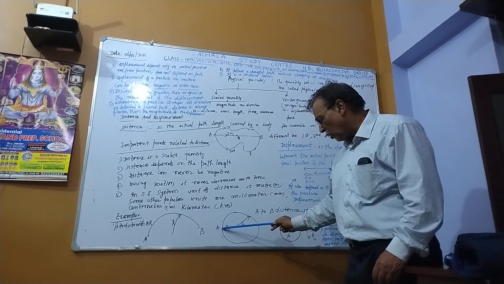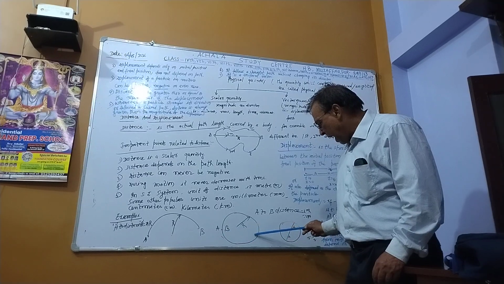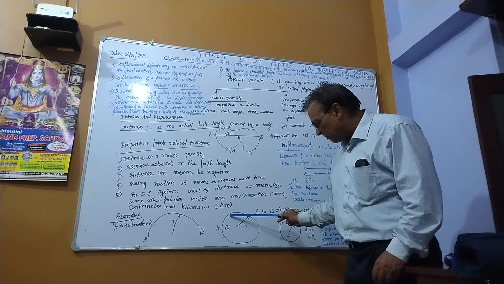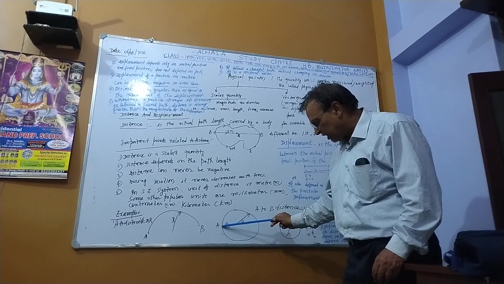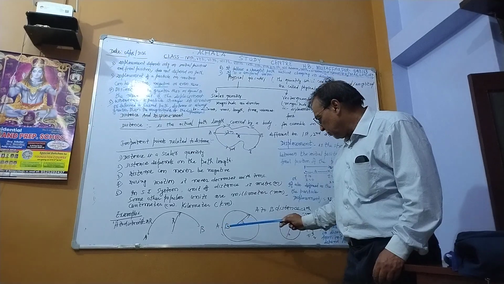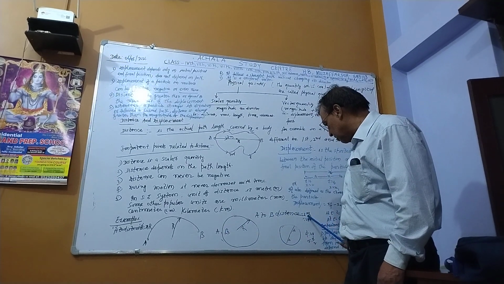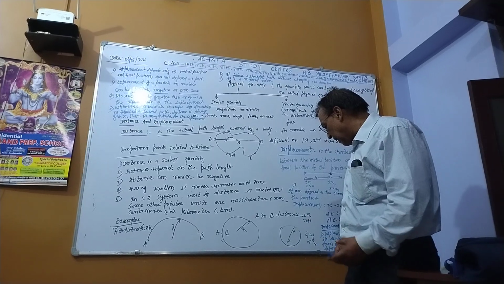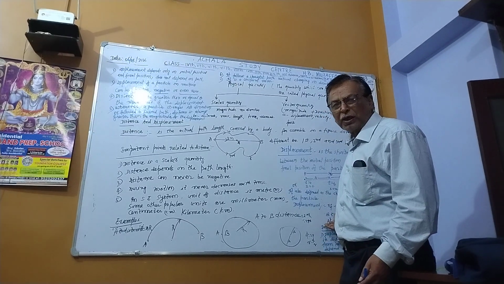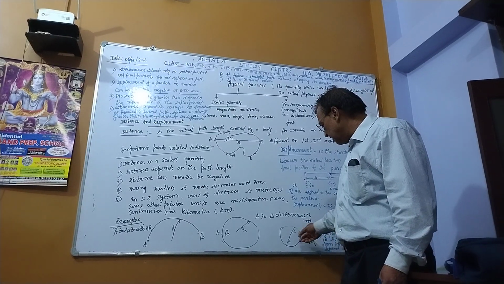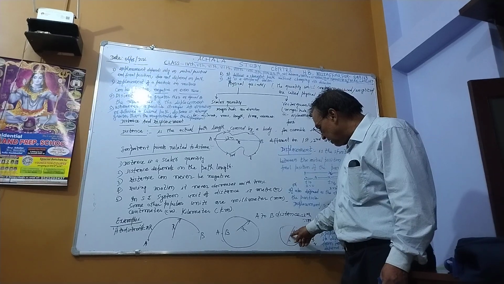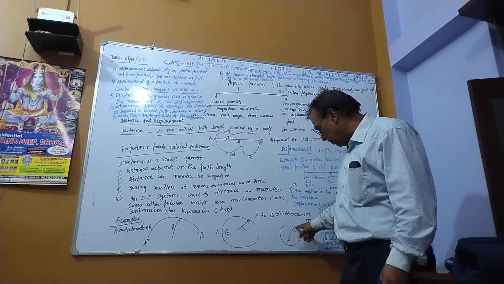And if someone is going from A and moving along the full circular path and then reaches point B, then the distance is equal to 2 pi R. Actually it is the perimeter, 2 pi r, where r is the distance between the center and the circumference.